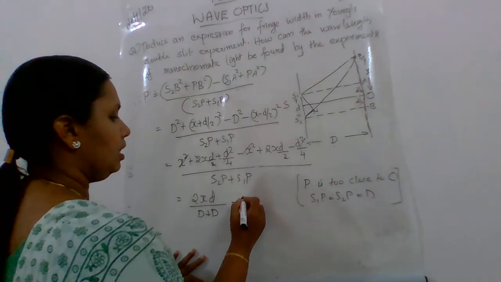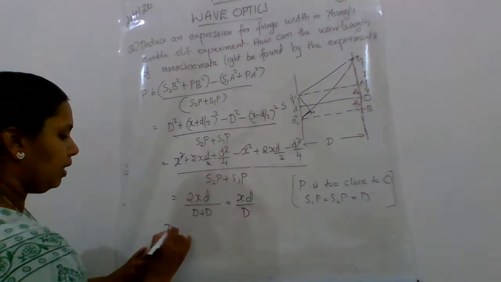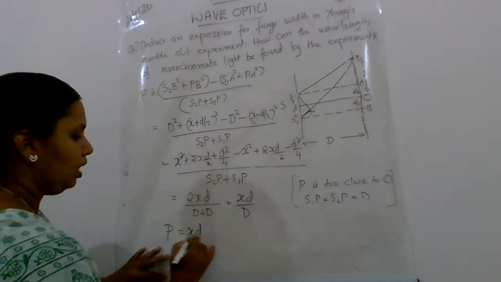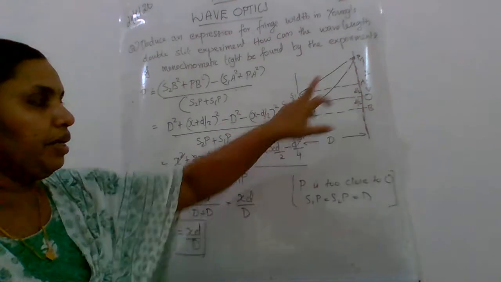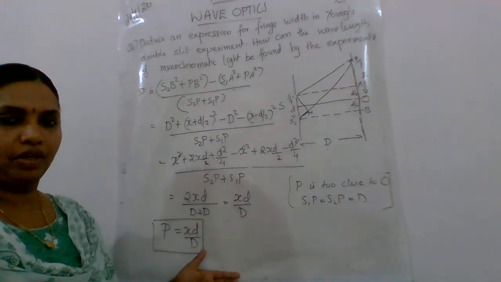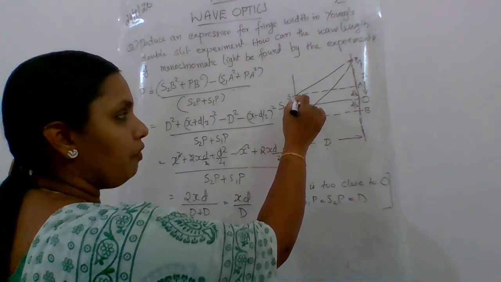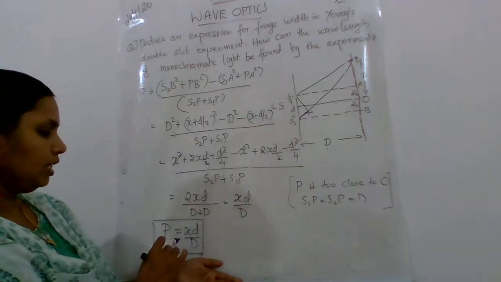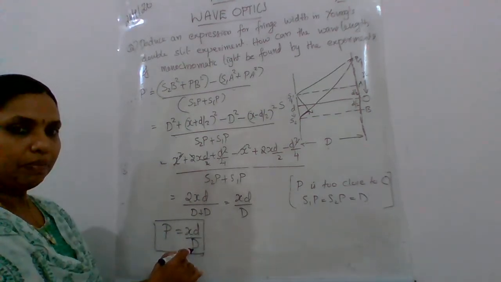So it is equal to xd by D. That is the path difference, P is equal to xd by D. Not P, what is it? The path difference between the waves from S1 and S2 is xd by D. That is the path difference.